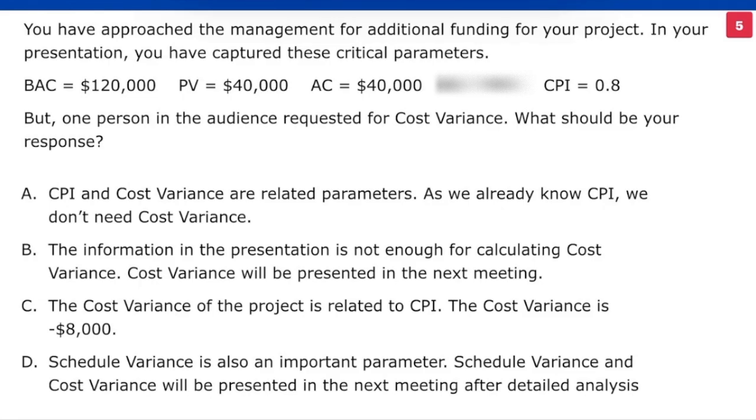The cost variance is minus $8,000. D. Schedule variance is also an important parameter. Schedule variance and cost variance will be presented in the next meeting after detailed analysis. Please try to solve this problem yourself.